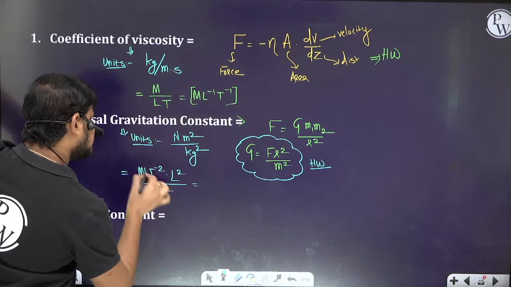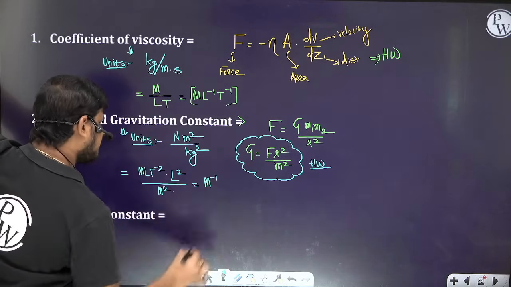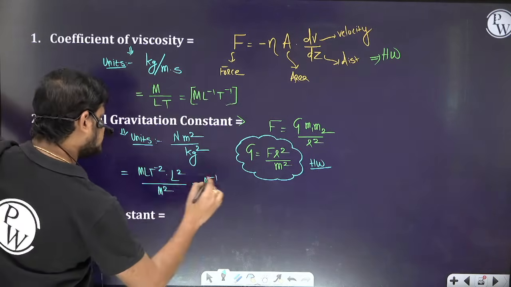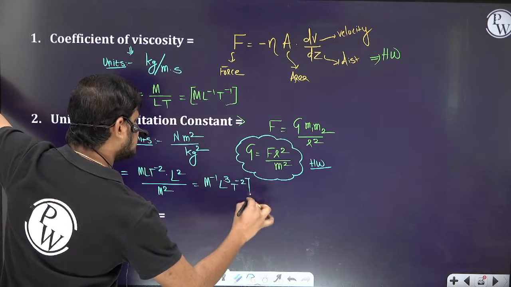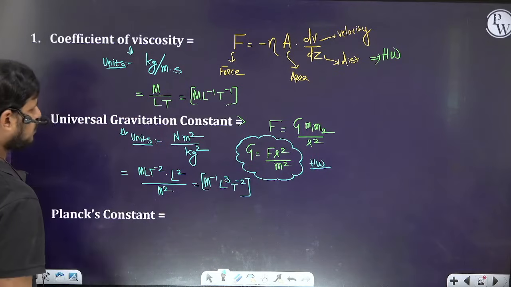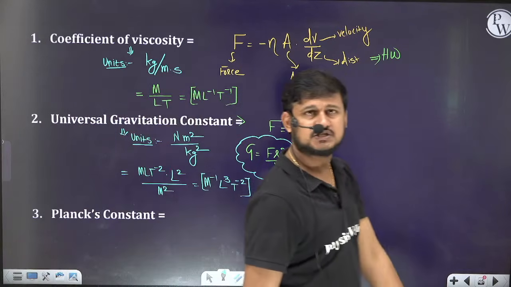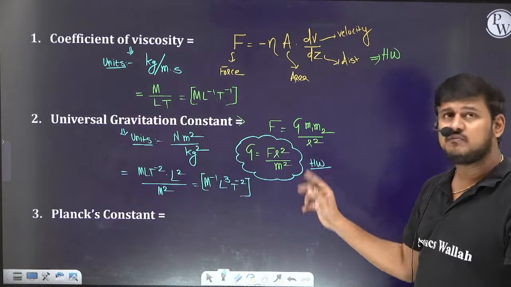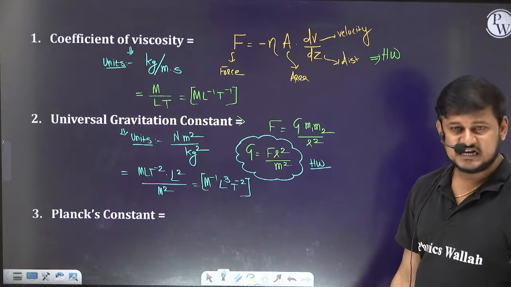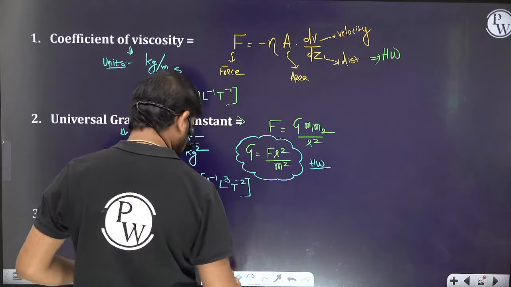So I get M to the power minus 1, L cubed, T to the power minus 2. These are the dimensions of the universal gravitational constant. This is the simplest method, or else you can use the formula method also. Done? Clear, guys? So next.